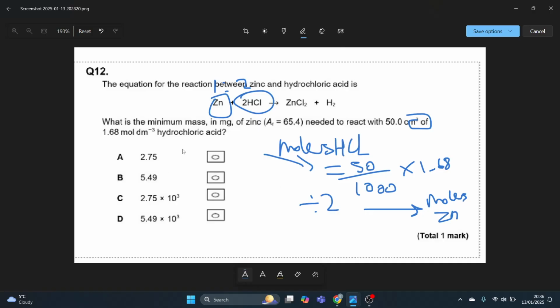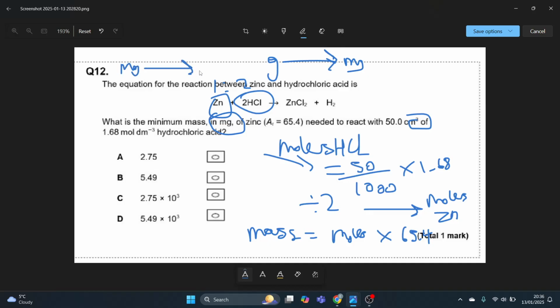However, I don't want the moles of zinc. I want the mass of zinc. Moles is mass over mR, so mass equals moles times mR, which is 65.4 for zinc. But I want the mass in milligrams. This will give me the mass in grams. To go from milligrams to grams, I divide by 1000.